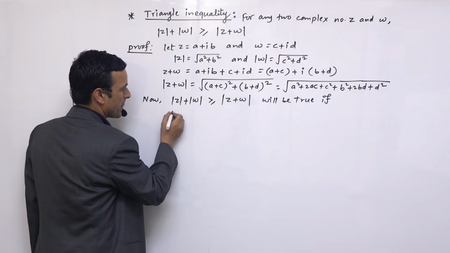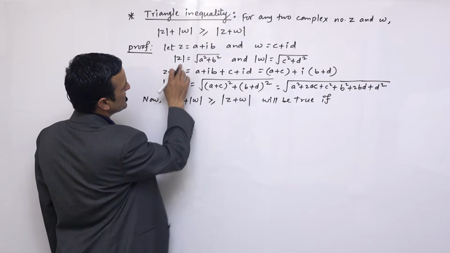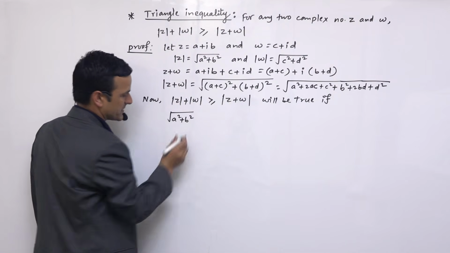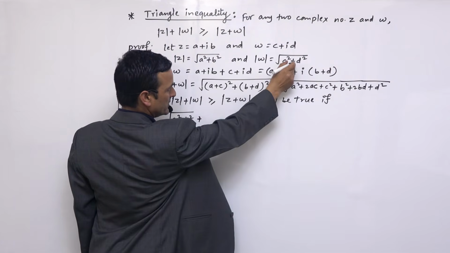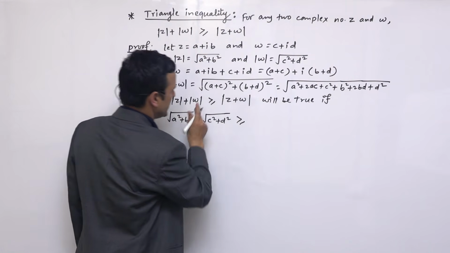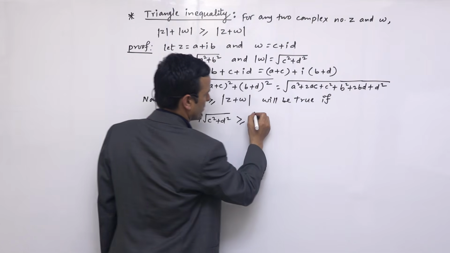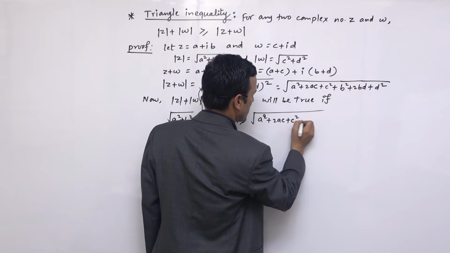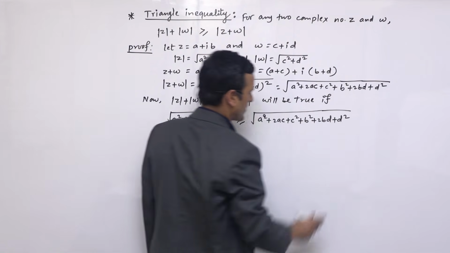Then we can put the value of modulus z, which is root of a squared plus b squared, plus modulus w, which is root of c squared plus d squared, is greater than or equal to modulus of z plus w, which is the root of a squared plus 2ac plus c squared plus 2bd plus d squared.